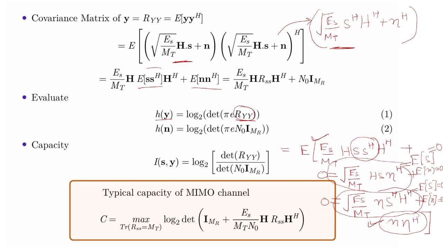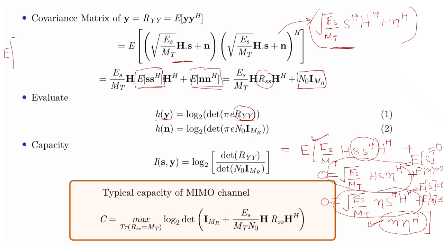Now what is expectation of S S Hermitian? This is basically equal to R_SS, and expectation of N N Hermitian is equal to N naught I_MR. Why is this so?